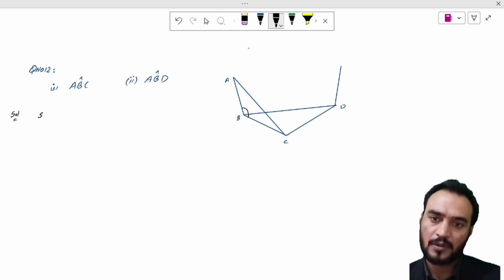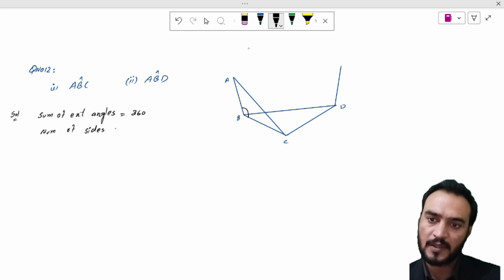So, as we know, the sum of exterior angles is equal to 360. The polygon has 20 sides, and the number of sides is equal to 20.